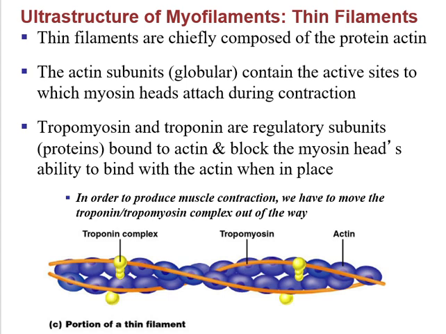You can see in the image that the troponin complex is more of a globular complex, and the tropomyosin complex is more of a rope-like complex. Together, they block the actin active site from binding to myosin. But if we could get calcium, calcium would bind to troponin, which is connected to tropomyosin, and would rotate out of the way, and myosin could bind to actin and initiate contraction.